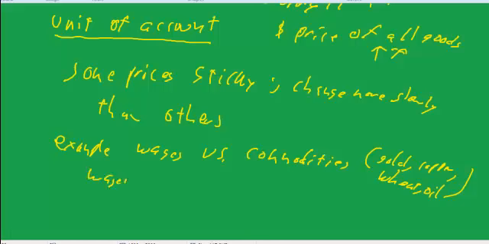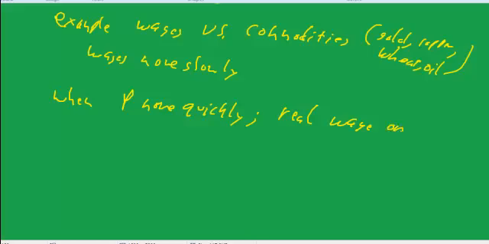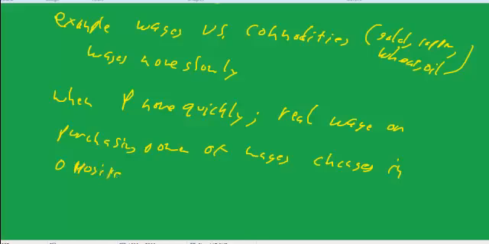So that means that when prices move quickly, the real wage, or the purchasing power of wages, changes in the opposite direction, at least for a while.